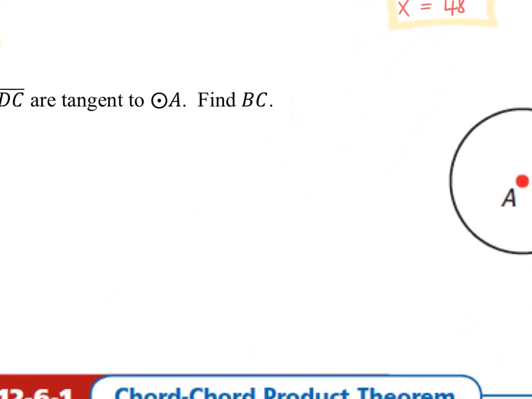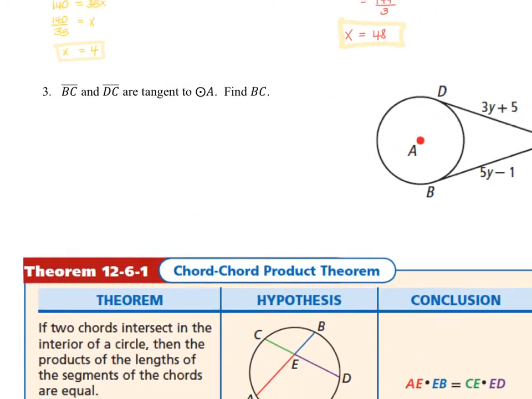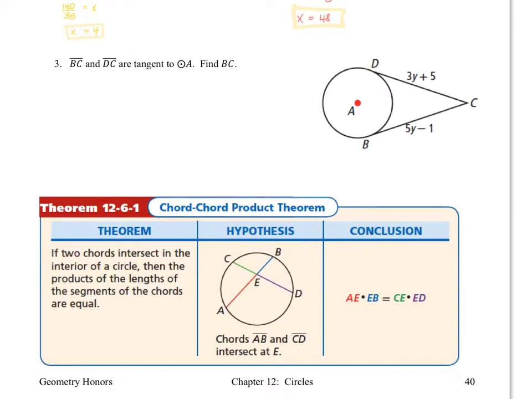We'll take a look at number 3, and number 3 is involving this diagram. It says segments BC and DC are tangent to circle A, and we want to find the measure of segment BC. So what we are going to do is notice that when we have tangents, we know that they are congruent to one another.